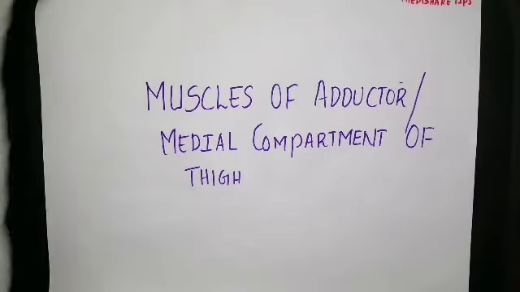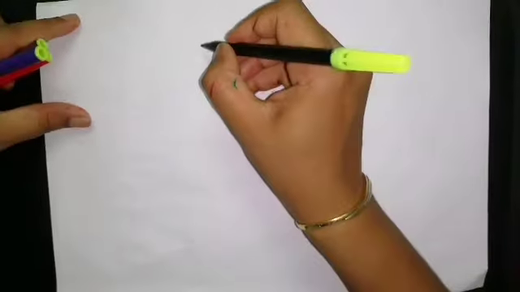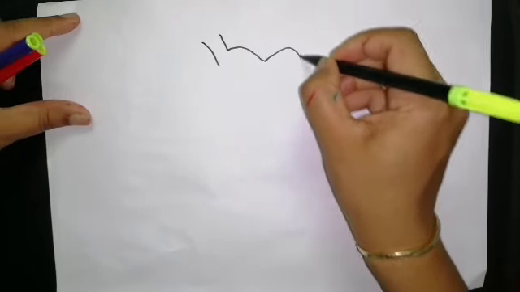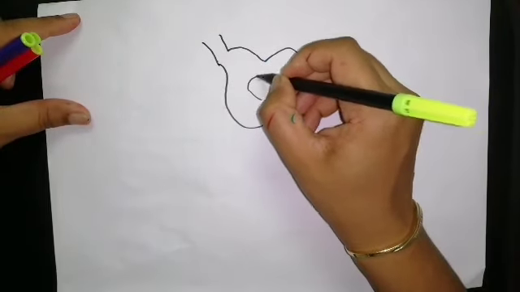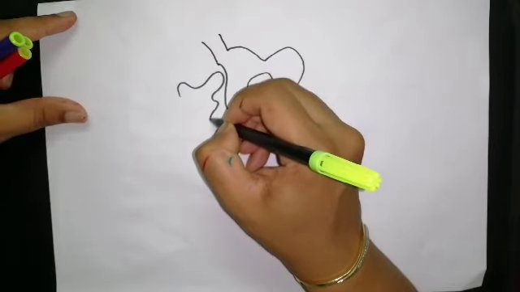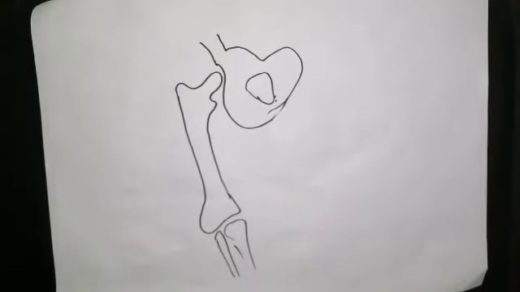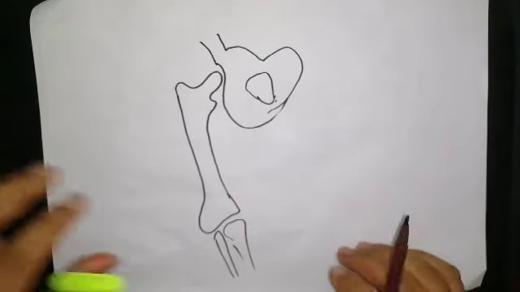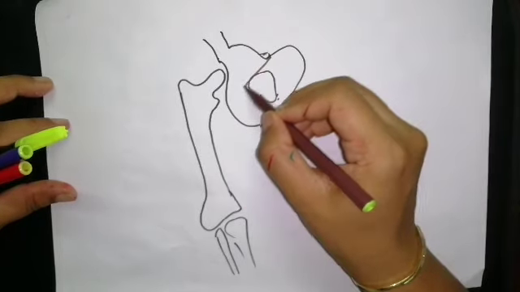So which are the muscles forming the superficial strata? Muscles forming the superficial strata are: the uppermost one, which we have seen, is the pectineus, originating from the pecten pubis and attached to the posterior aspect.